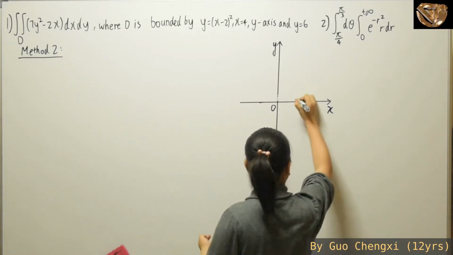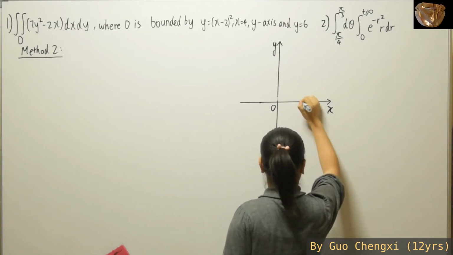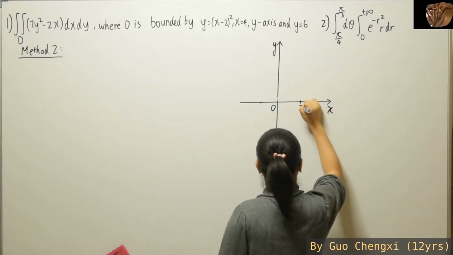So you have to start at 2 in order for y to start from 0.